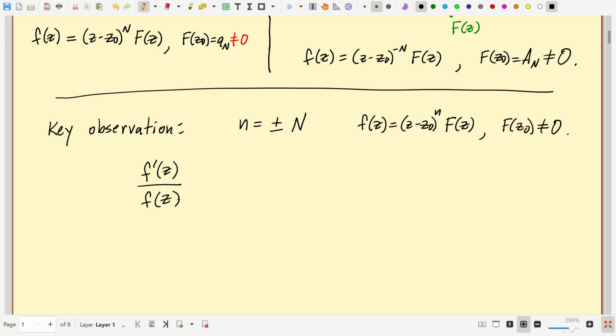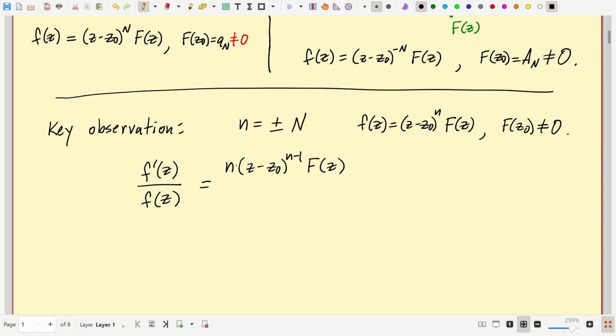Okay, let's calculate f prime. f prime, whether or not n is positive or negative, would be z minus z0 to the n minus 1 times, I'm doing the product rule on the top here. What am I saying? n times the derivative of z minus z0 to the n would be n times z minus z0 to the n minus 1.